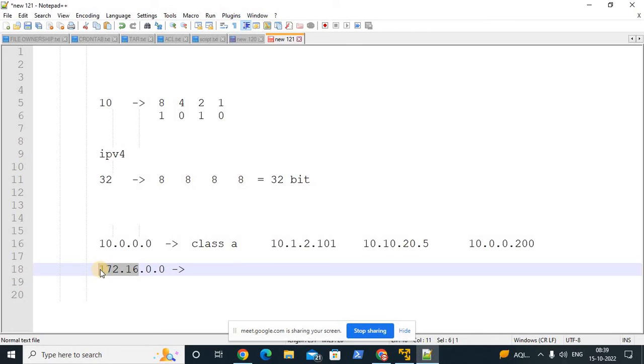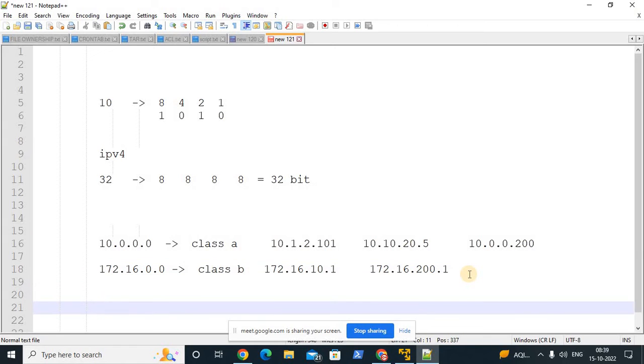We cannot change that, but the rest of the parts we can change. Example: 172.16.10.1, we can change. 172.16.200.1, we can change. And the third one is 192.168.1.0.